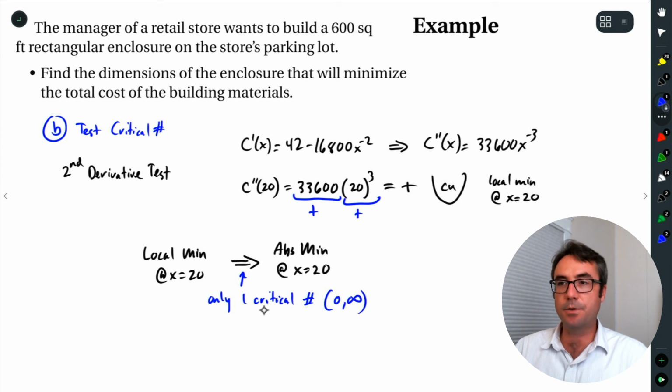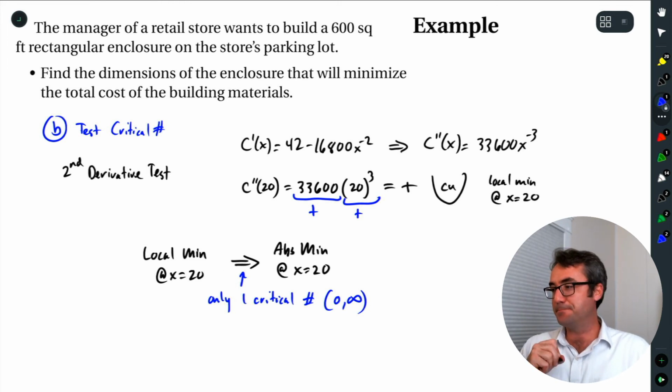We only found one critical number on that interval from 0 to infinity. So it's not only a local min at x equals 20, it's an absolute min.